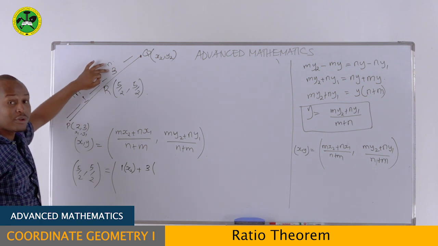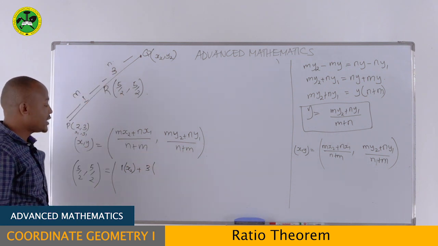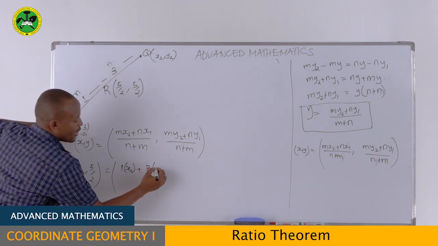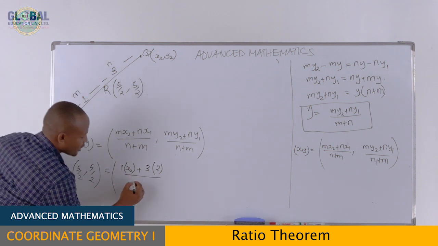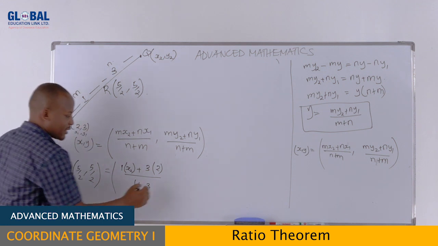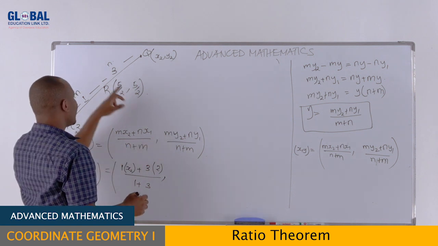Try to assure yourself while you are doing this part of the question, because if you mix these up, then I assure you will get the wrong answer. Times x1, that is 2, over this plus that one. So we have 1 plus 3, comma, we have m, and m is what?